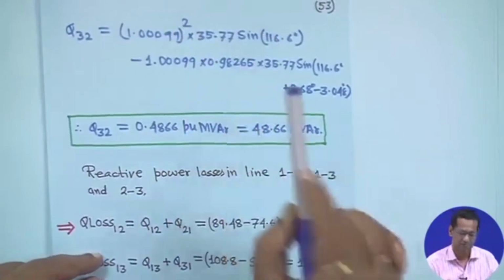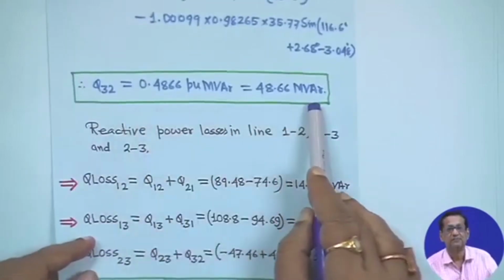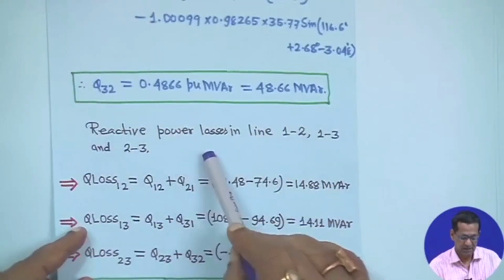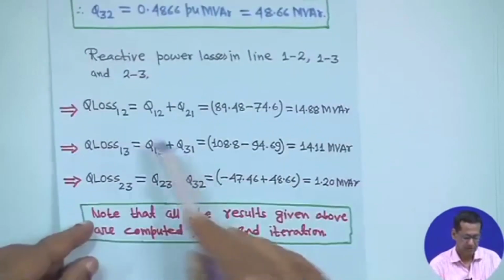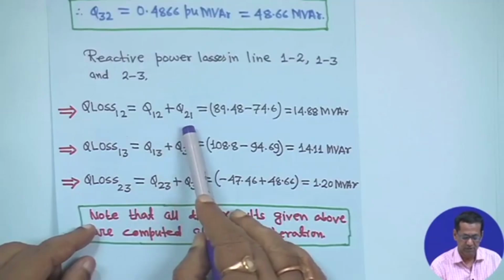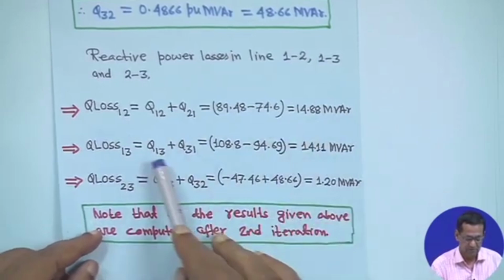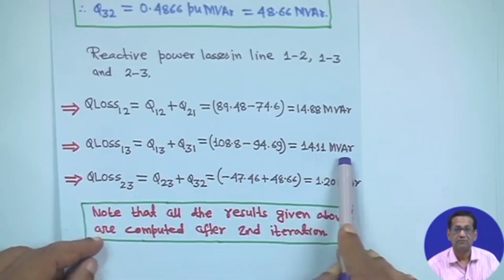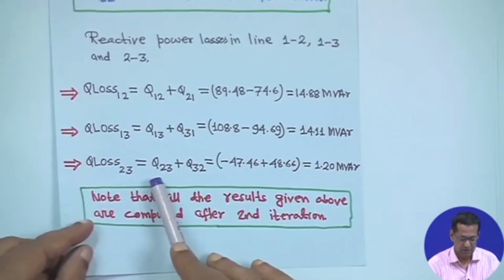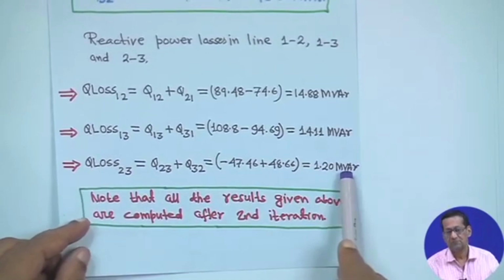So, Q32 is equal to 48.66 megavar. Now, reactive power losses in lines 1-2, 1-3 and 2-3, same as before. Q loss 12 is Q12 plus Q21, so you will get 14.88 megavar. Q loss 13 is equal to Q13 plus Q31, you will get 14.11 megavar, and Q loss 23 is equal to Q23 plus Q32, that is coming 1.20 megavar.